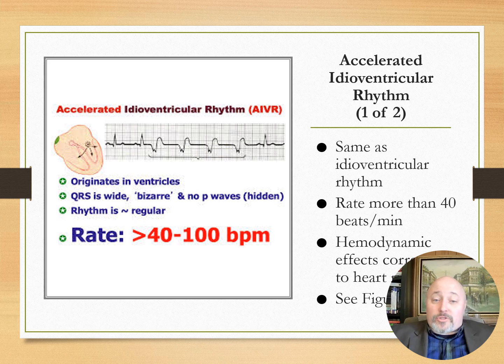The Purkinje fibers are capable of generating that intrinsic rate of 20 to 40 beats per minute. Because this last pacemaker is located in the ventricles, the QRS complex appears wide and bizarre with this slow rate. If the rate is between 40 and 100 beats per minute, this rhythm is called an accelerated idioventricular rhythm.